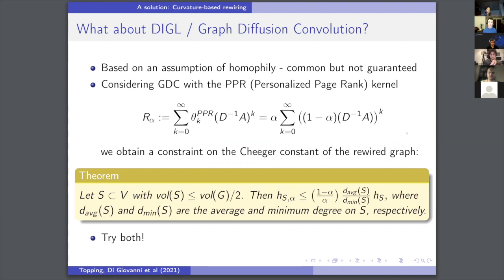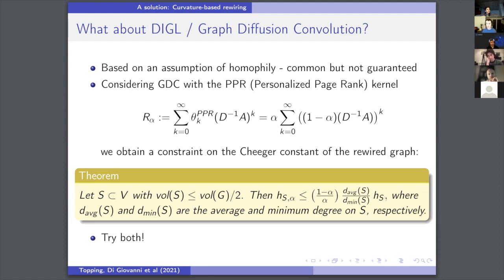And then to relate back to the spectral properties section that Francesco mentioned earlier, if we look at GDC or DIGL with the personalized PageRank kernel, this kernel R alpha is used to measure the diffusion between nodes. Please read the DIGL paper for the details. But you can see that we actually obtain a constraint on the Cheeger constant of the rewired graph.